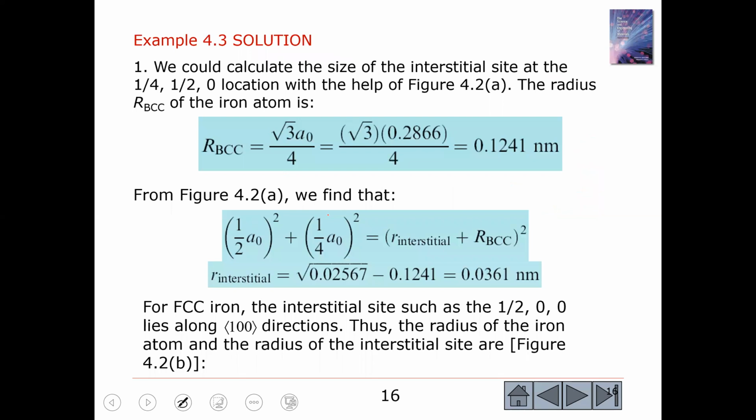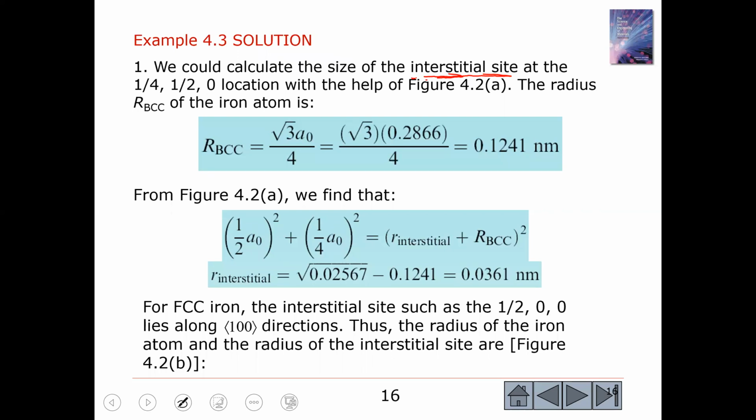Okay, we could calculate the size of the interstitial site. We need to find out the empty space between the lattice sites, right? So the size of the interstitial site at the 1/4, 1/2, 0 location with the help of figure 4.2a. The radius R_BCC of the iron atom is root 3 a divided by 4.